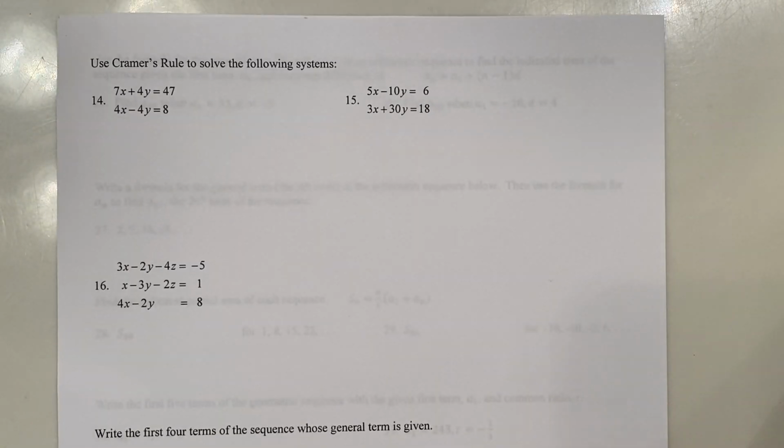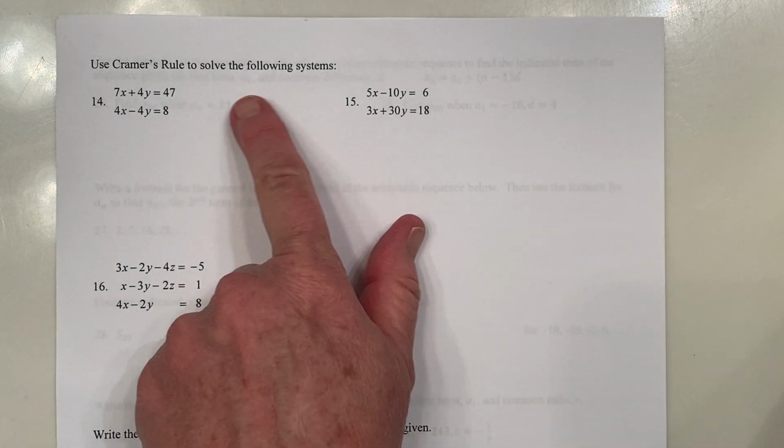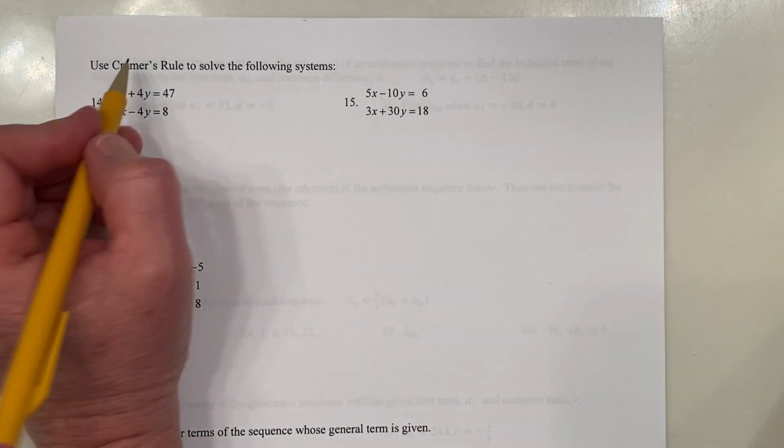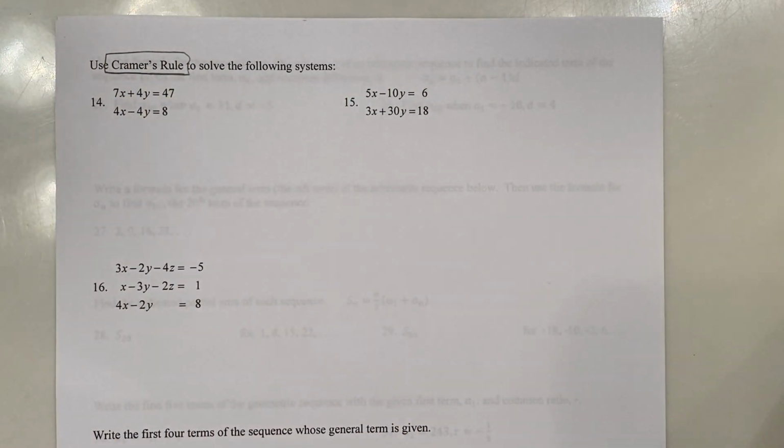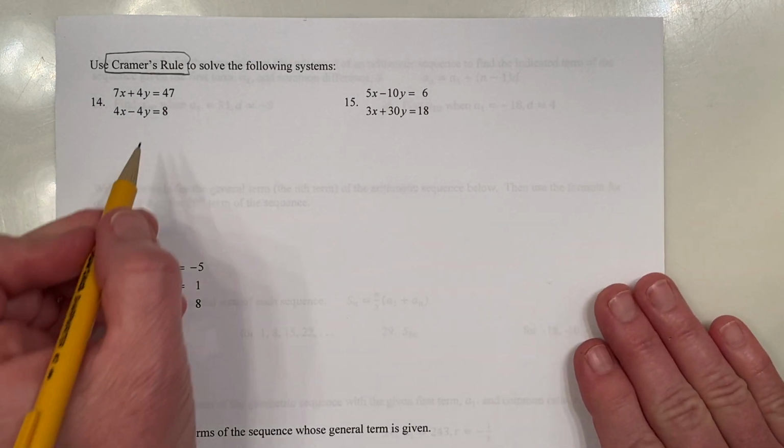All right, continuing our review, it looks like we're going to use Cramer's rule to solve the following system. Cramer's rule means use determinants like we just did. Solving a system of linear equations with 2 variables isn't bad.